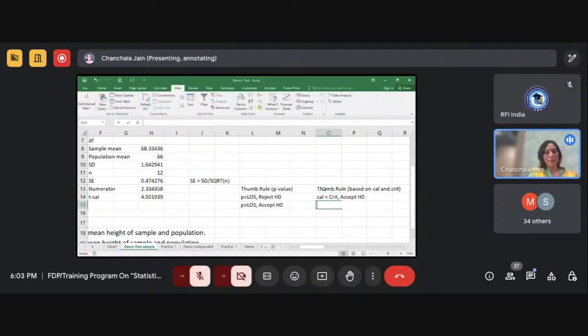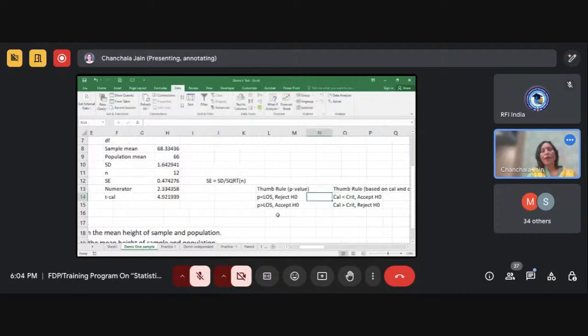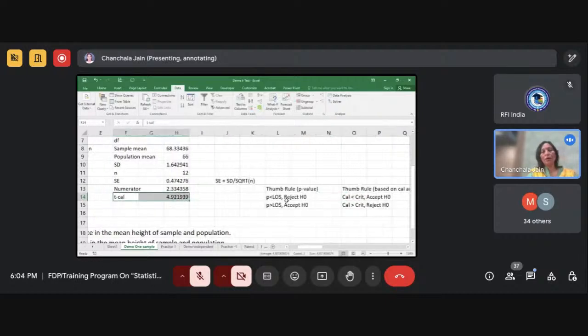If the calculated value is greater than the critical value, we reject the null hypothesis. Now, as we have the calculated value of t, if we have the critical value of t, we can compare those two and decide whether to go with the null hypothesis or not.